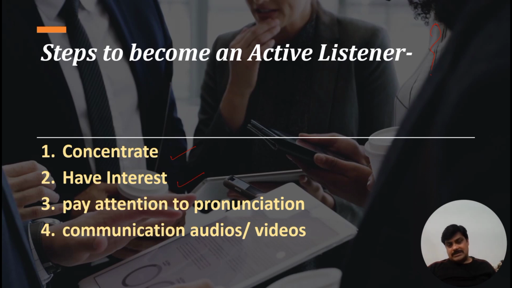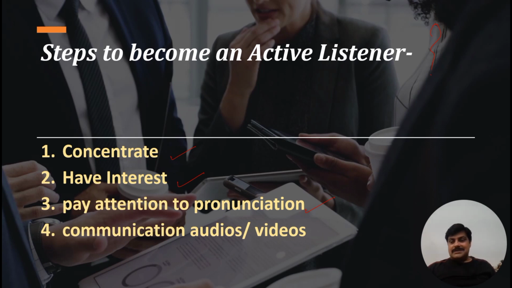He should have interest also, because it is only interest that can motivate him to listen more. If he is not interested, then he would not pay much attention. He won't be a good or active listener. Pay attention to pronunciation. Yes, it's very important. Pronunciation plays a very important role.